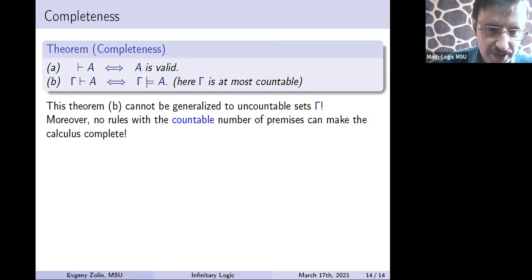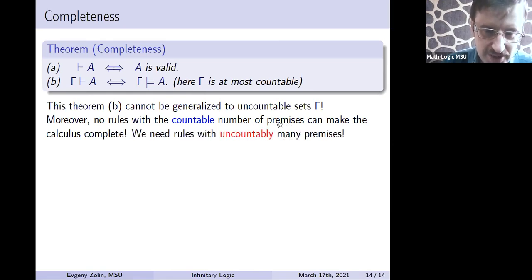And moreover, we cannot extend our logic by adding new rules of inference that have only countably many premises so that the new calculus will be complete for all sets gamma. It is impossible to do this only for rules with a countable number of premises. So if we want this stronger completeness, we need rules with uncountably many premises.